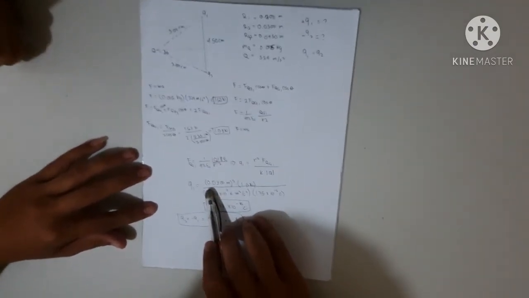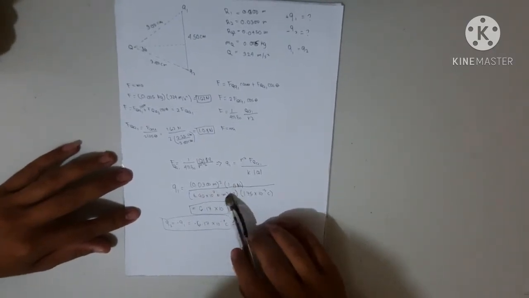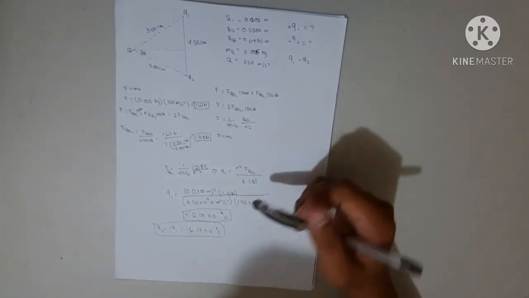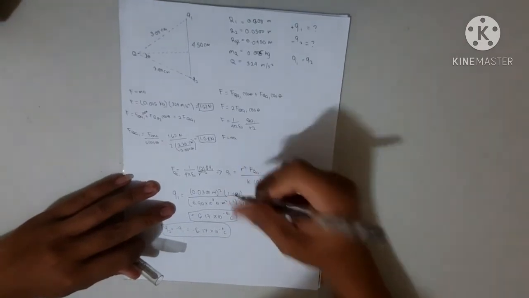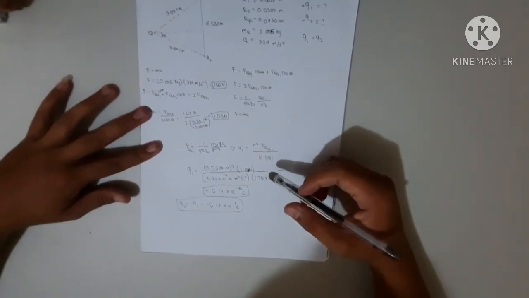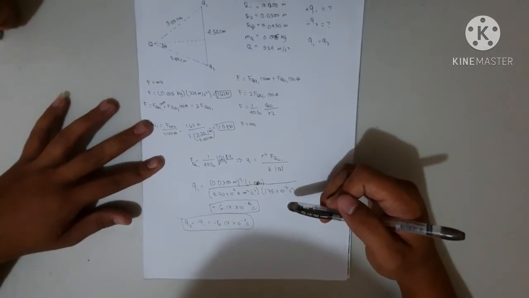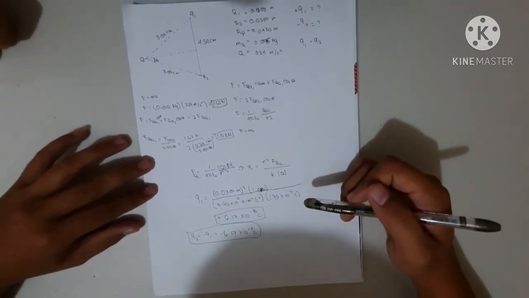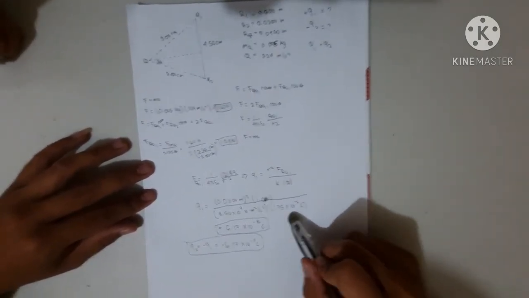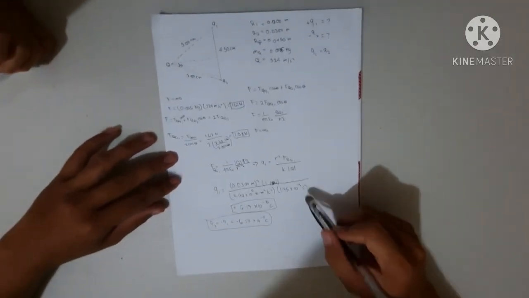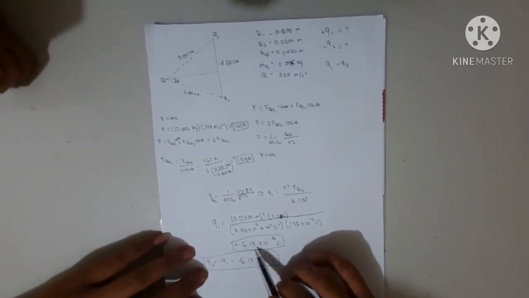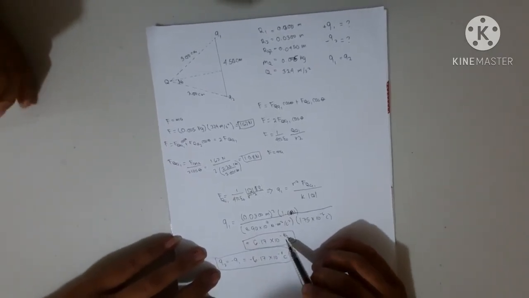First off, 0.03 meters squared times 1.08 newtons over 8.99 times 10 to the power of 9 newton meter squared per coulomb squared times 1.75 times 10 to the power of negative 6 coulombs, which will result to 6.17 times 10 to the power of negative 8 coulombs.